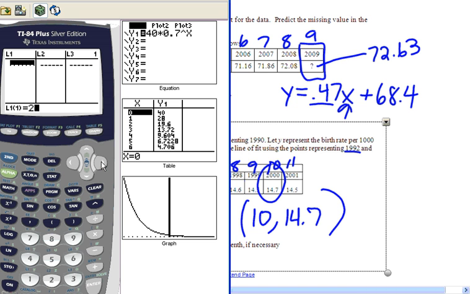2 and 1992. No, what was the value? 10 point something, wasn't it? 10 point what? What was year 2? 15.9? Sorry, had that wrong. 15.9.